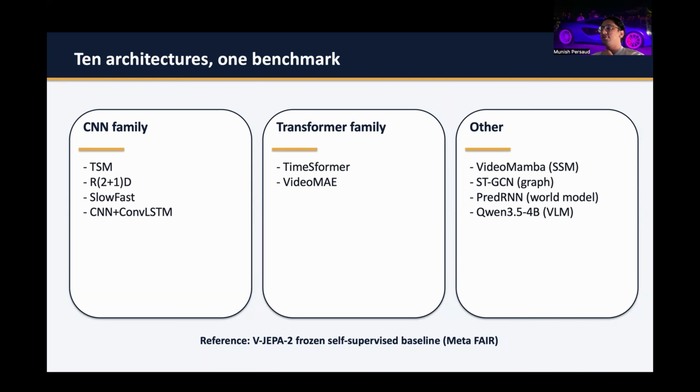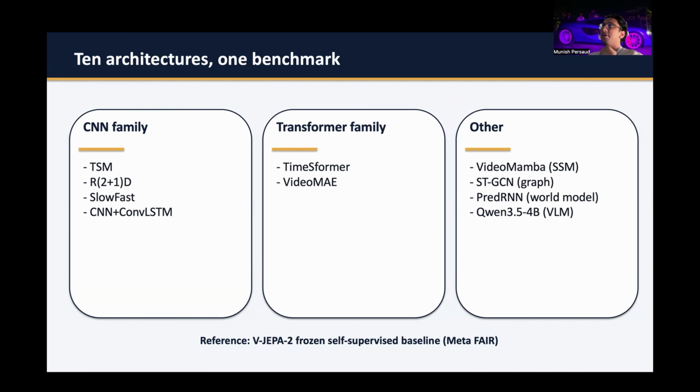And then four other models that don't fit into the CNN or transformer category. For example, Video Mamba uses a state space model instead of attention, which gives linear time mixing. ST-GCN, which runs convolutions over MediaPipe body points, but no RGB at all. And then PredRNN is actually our only world model in the current entry that uses a recurrent next-frame predictor for classification.